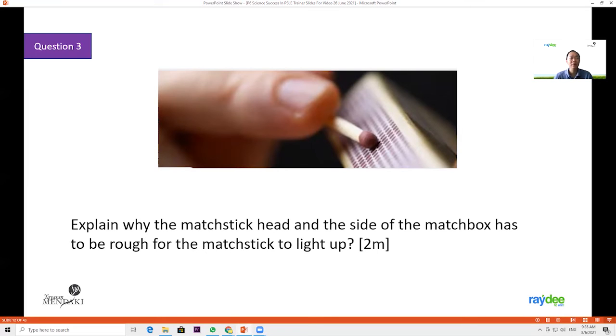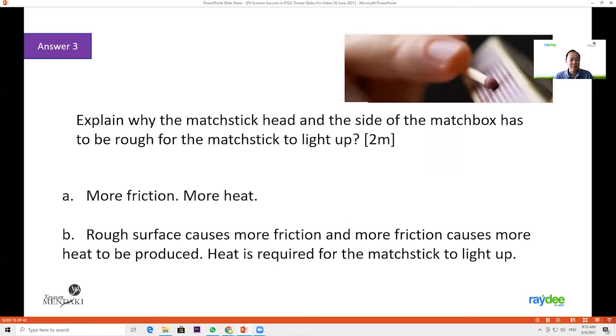Yeah, that I cannot just give a simple one word. Like what? Friction. I guarantee you, a lot of them will say friction, then full stop. Okay, that's not what we want. We want them to be able to phrase it properly, right? So a lot of them will say, "Oh, more friction, more heat," but that doesn't really answer the question.